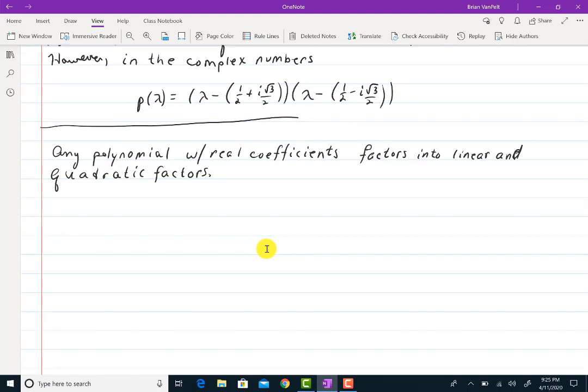But consider this polynomial, f of x equals x cubed minus 1. Well, I happen to know that that breaks down into x minus 1 times x squared plus x plus 1. So this piece right here is a linear factor.